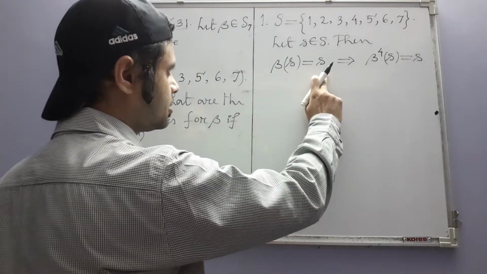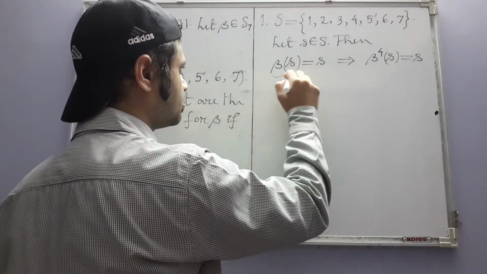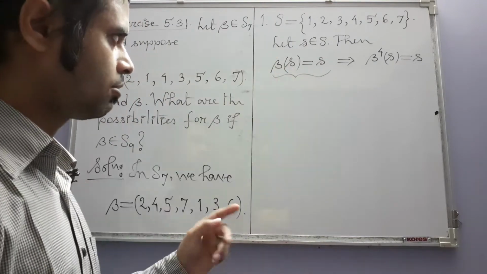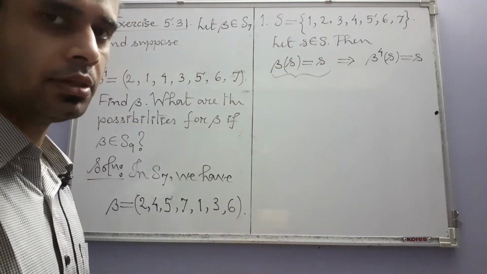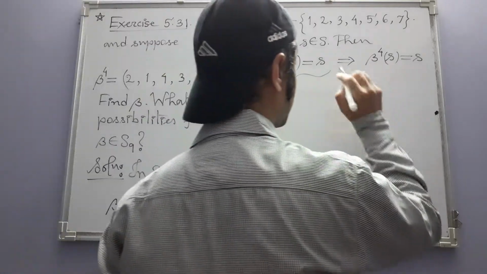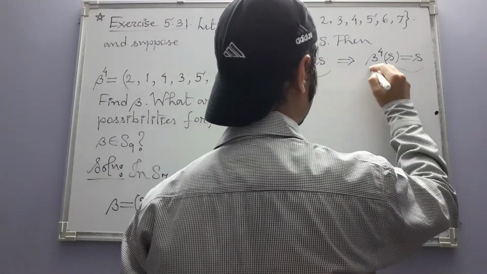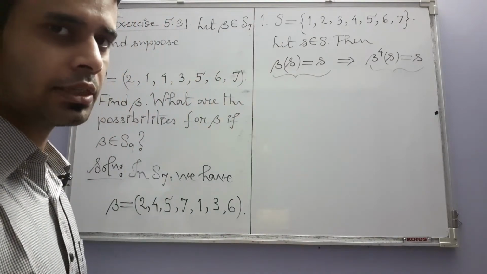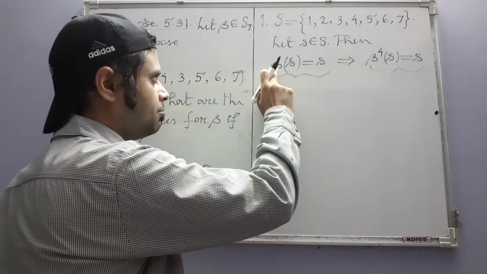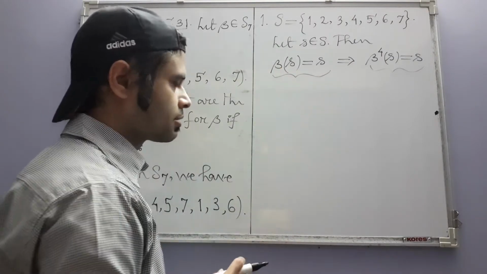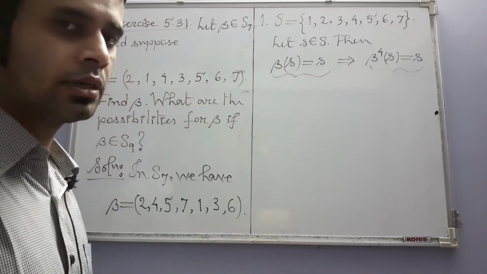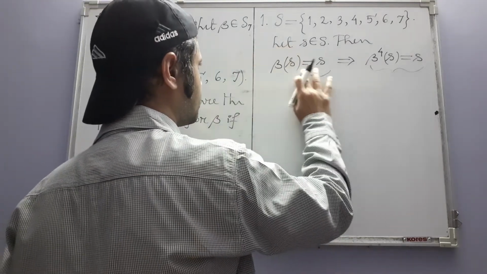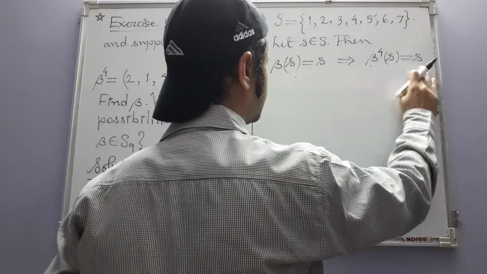If the hypothesis is true, and what is the hypothesis? The hypothesis is that beta does not change s, or in other words, beta fixes the element s. Then the fourth power of beta also does not change s, that is the conclusion. If applying beta on s does not change s, then applying beta 4 times on s also will not change s. So this implication is true.